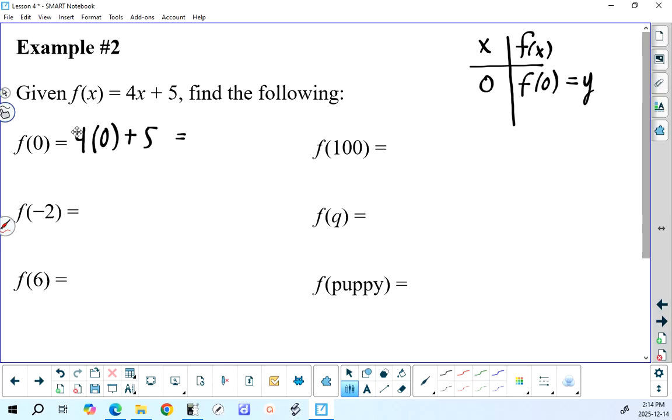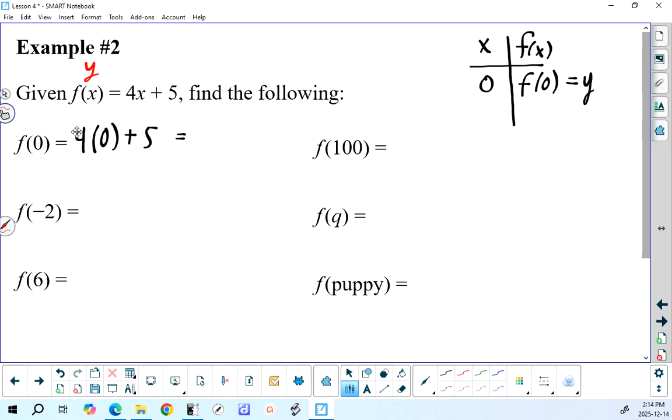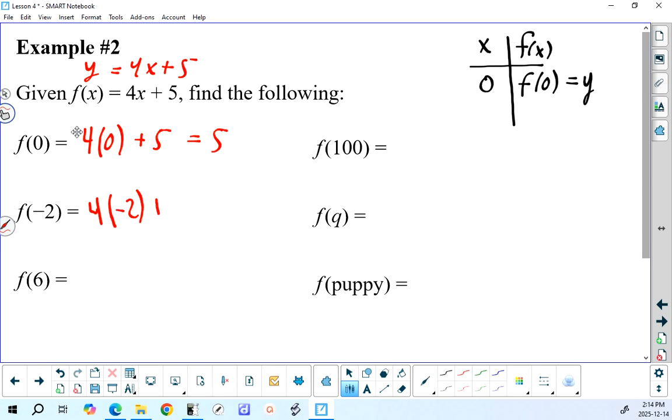So you're replacing x with 0 to calculate what y is. If that troubles you, well, then rewrite this as y equals 4x plus 5. Bottom line, you're going to put 0 in for x, calculate what you get. What's f of negative 2? We're going to put negative 2 in for x and calculate what you get.